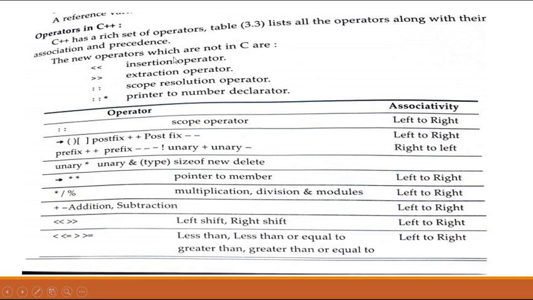The operators which are not in C are insertion. In C, which ones were not there? The insertion operator was not there, extraction was not there, the scope resolution operator was not there, and pointer to member and declaration. Okay, so these are the operators which we use in C++. They are not in C, so that is overcome in C++, which put in some additional operators to enhance the code which will be written.